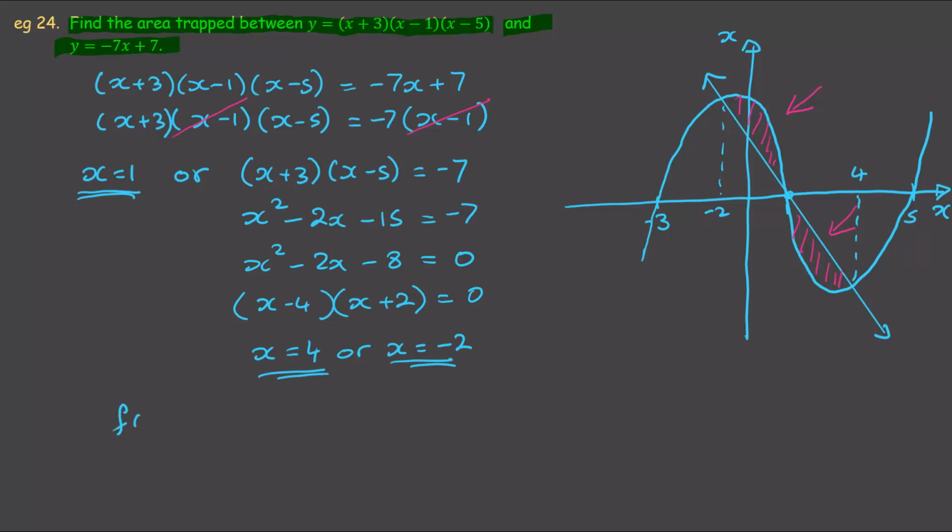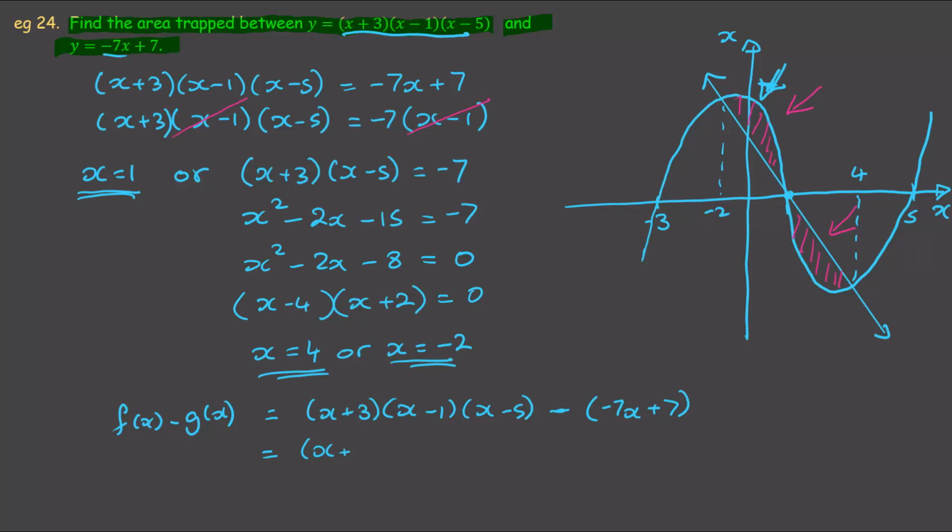So our f of x take away g of x. So we're going to look at this side first, and we're going to therefore have the curve above the line. So it's going to be (x plus 3)(x minus 1)(x minus 5), take away negative 7x plus 7. So we've got (x plus 3)(x squared minus 6x plus 5), plus 7x take away 7.